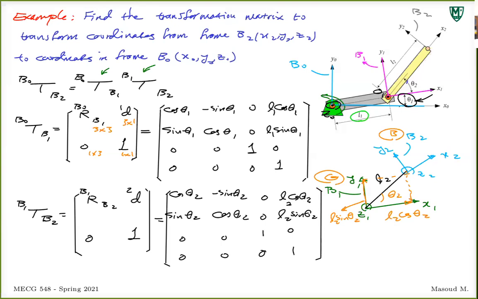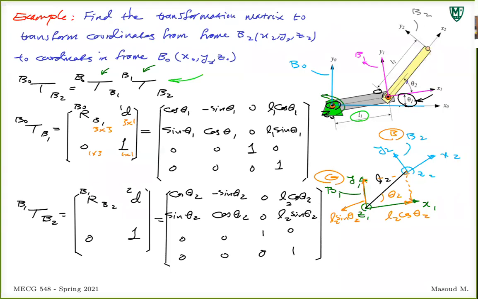Now you have the transformation matrix from B1 to B0 and the transformation matrix from B2 to B1. If you want to find the transformation matrix from B2 to B0, you just have to multiply these two. That's where we started. Now, if you do the multiplication, that's fun.